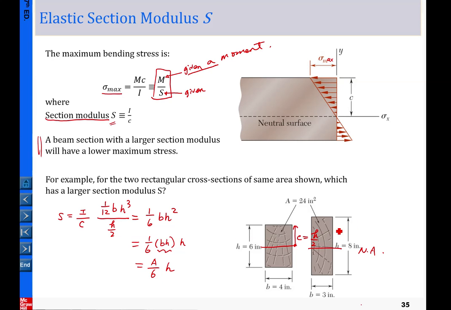So from here, you can see this one has a larger S, because S for this case is proportional to the height here. So if you are going to pick a beam for design purposes, then you had better pick this one because it gives you a larger section modulus S. This one likely will give you a bending stress that is smaller than this one will have. Okay.